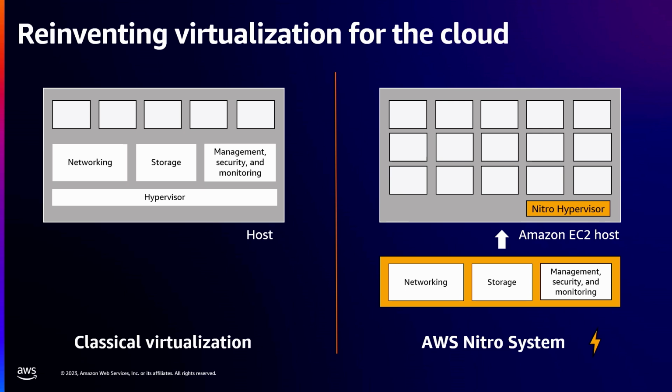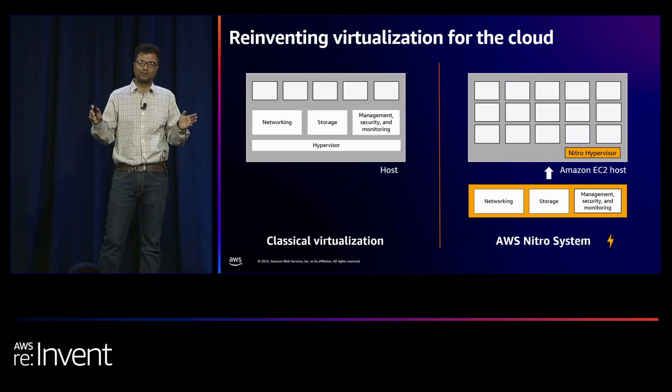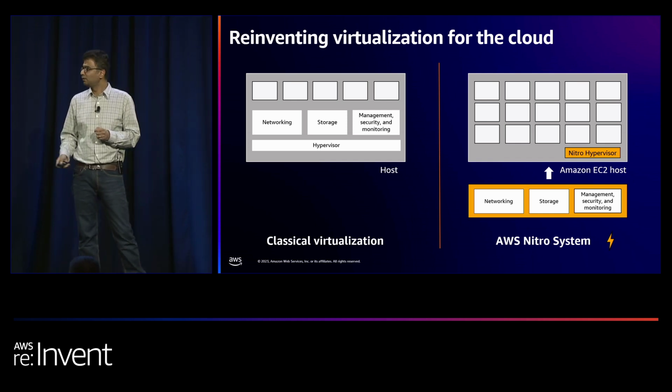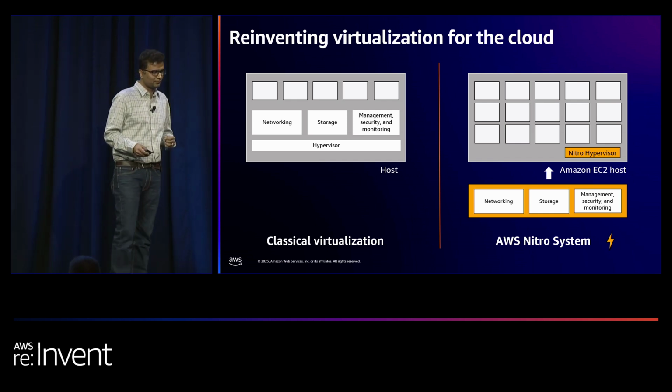Now, if you look at the diagram for the AWS Nitro System, you would see that we have ported over all the functionalities, the networking, storage, management, security, and monitoring, all to dedicated hardware. And even the hypervisor is a very thin hypervisor, and we have purposely kept it thin. We will dive deep in the next slide.